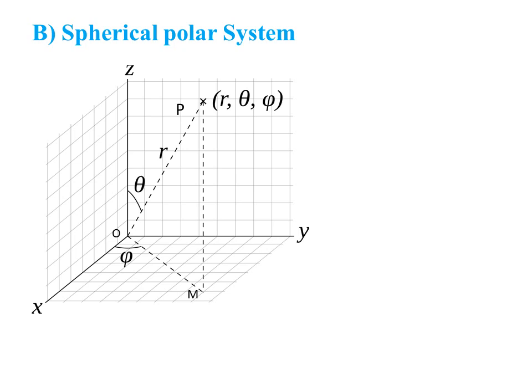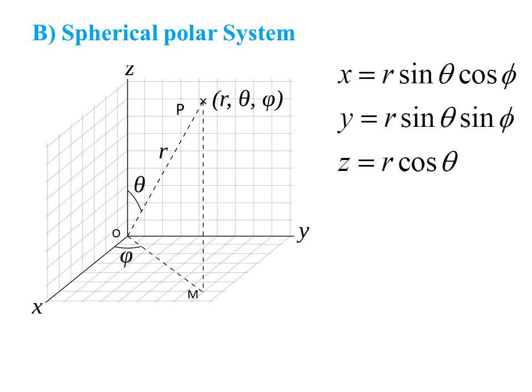From P we are considering the foot perpendicular on the xy plane, which is M, and now we are trying to identify the distance OP. This distance OP is nothing but r, the distance of point P from origin.